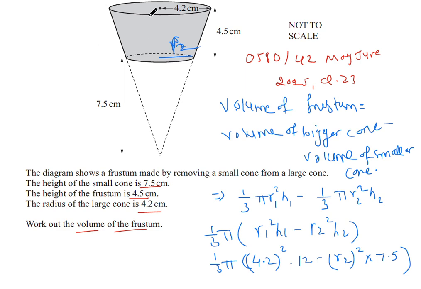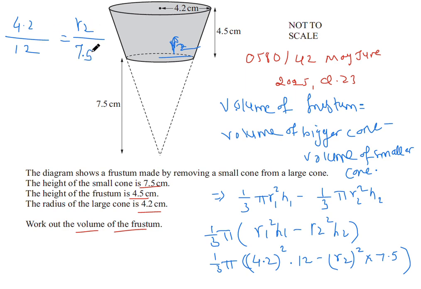So how to find it out? If you observe this shape carefully, the smaller cone and the larger cone are similar shapes. We know that when shapes are similar, the ratio of their corresponding sides will be equal. So considering the entire bigger cone, its radius upon its height, 4.2 upon 4.5 plus 7.5, that is 12, is equal to the radius of the smaller cone upon the height of the smaller cone.